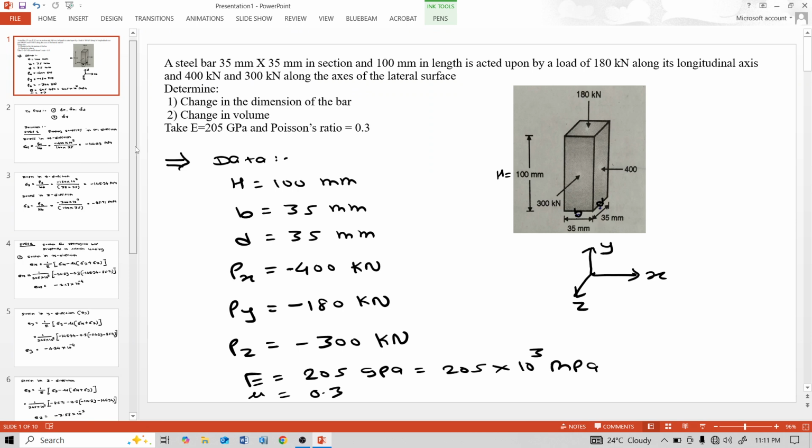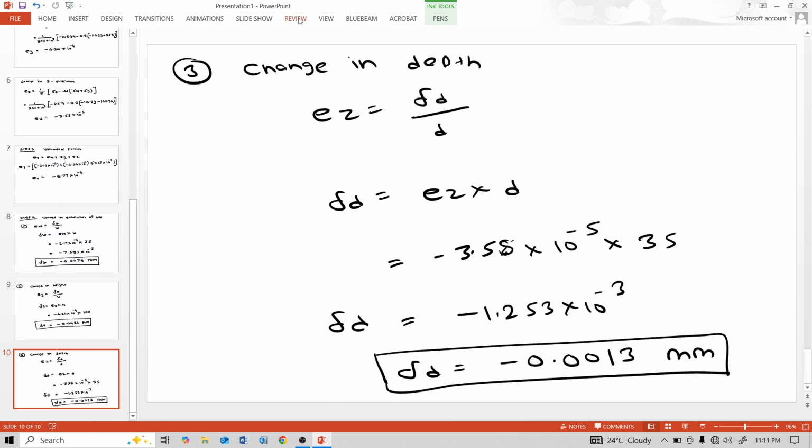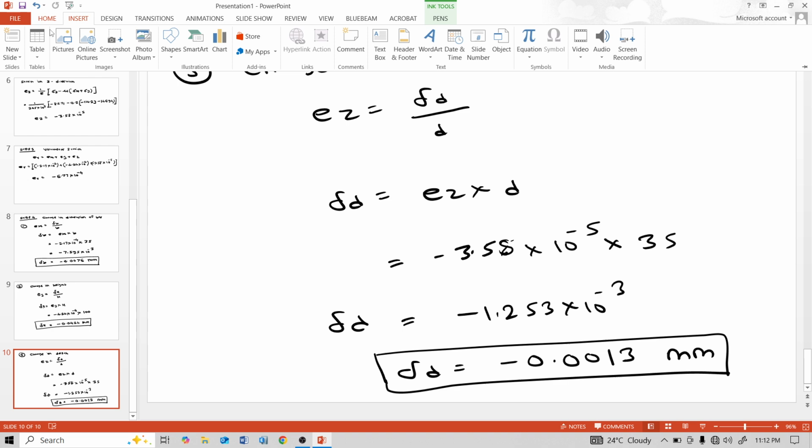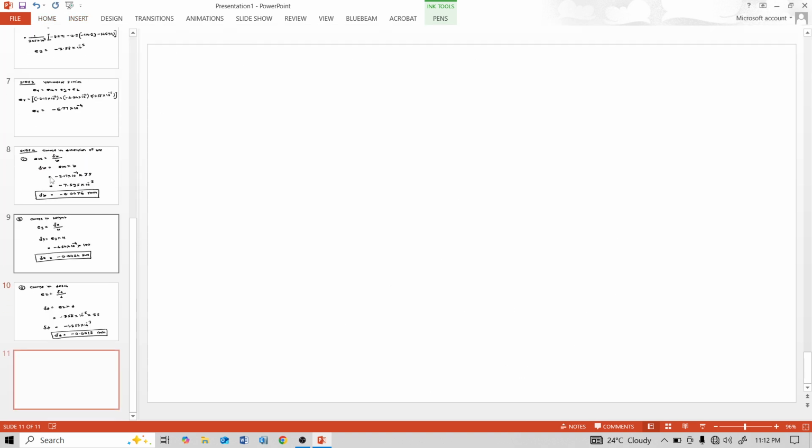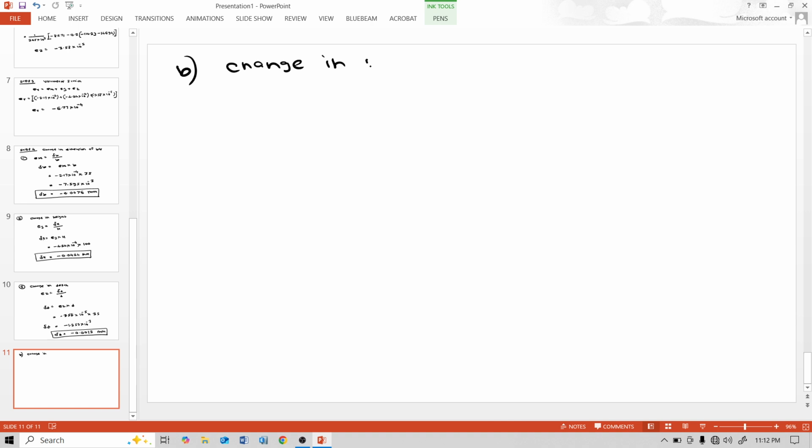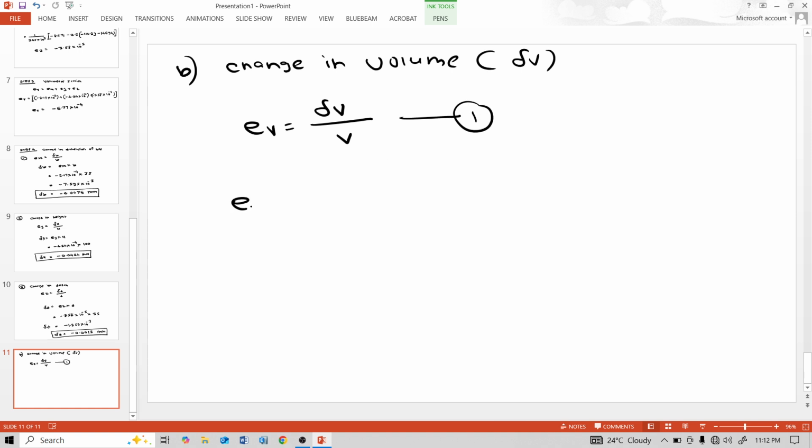Next, calculate change in volume. For calculation of change in volume, we need Ev, which is equal to change in volume to the original volume, and Ev is Ex plus Ey plus Ez.